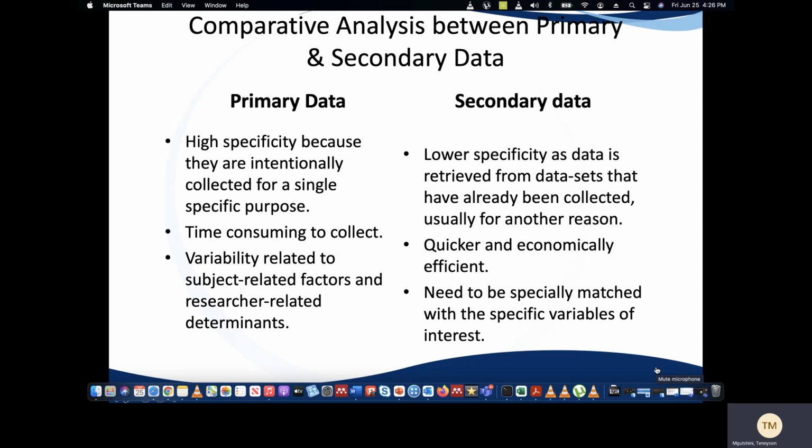The primary data option, by virtue of you having to run through all the protocols of interviewing a single person at a time, is time consuming to collect. Secondary data, of course, is much quicker and economically efficient.